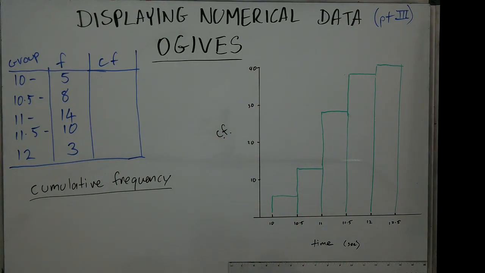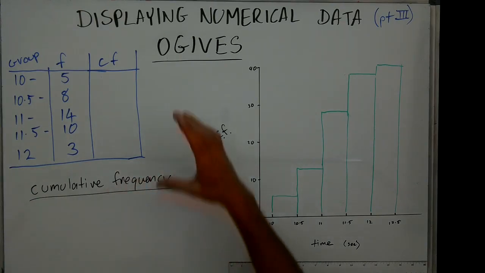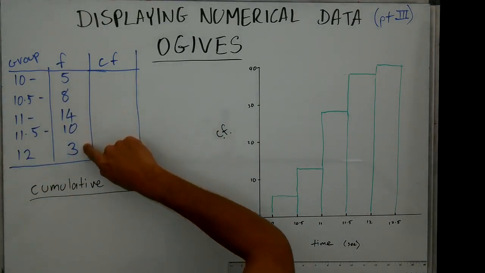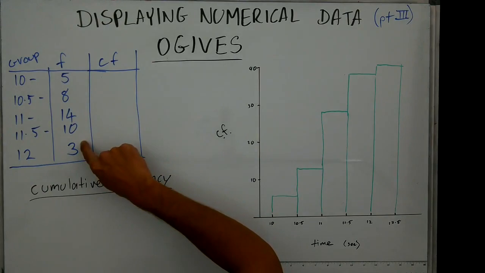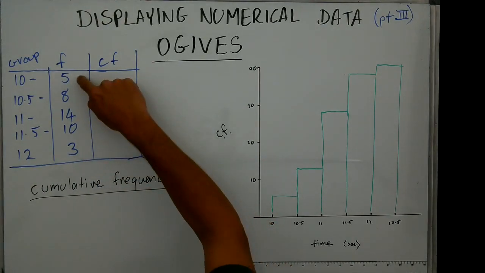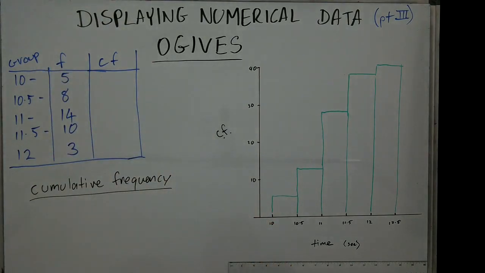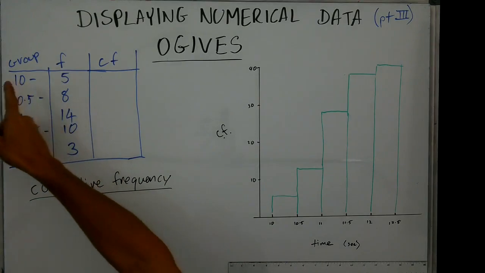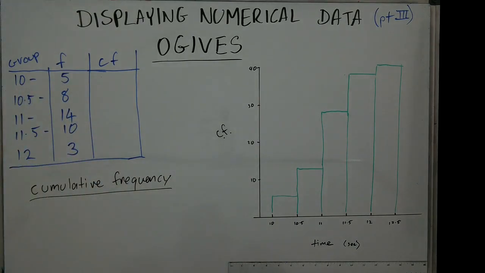Essentially, these graphs are good for when we've got grouped data, and we're basing this off the frequency. That's the number of scores in each group. So this is one of the situations where we don't have the original data, we just know how many things are in each group.